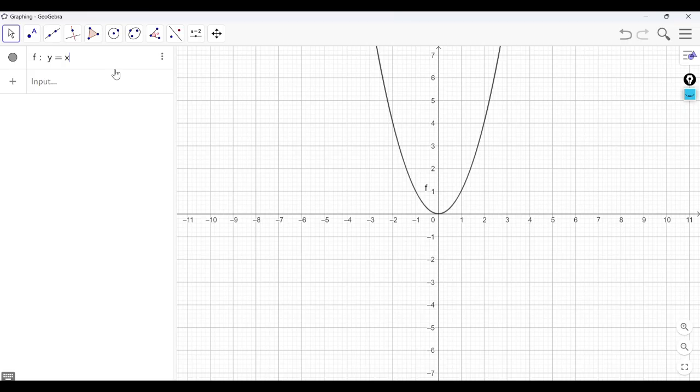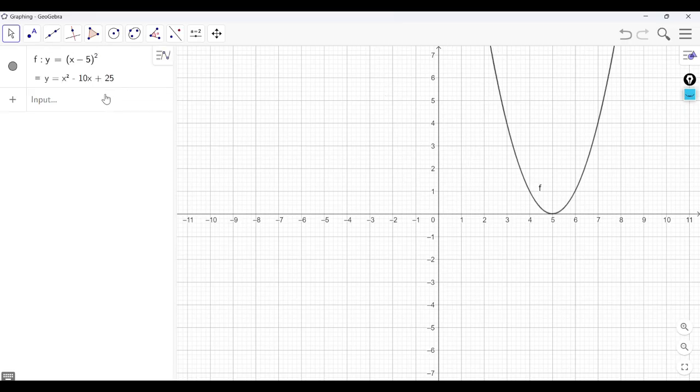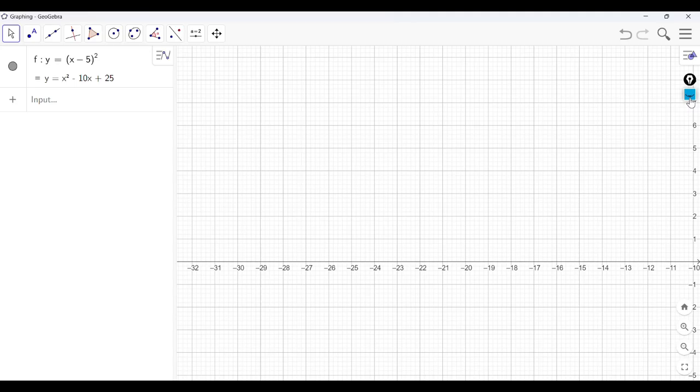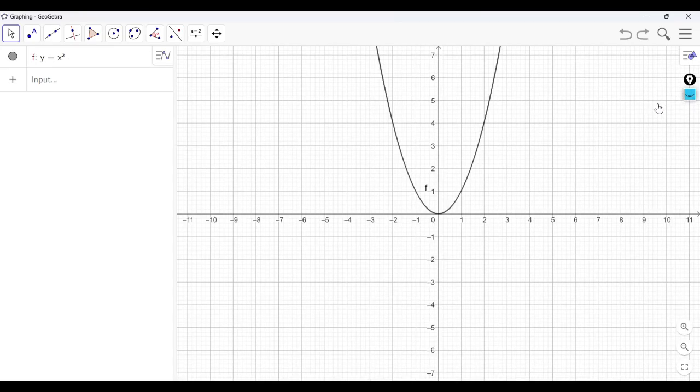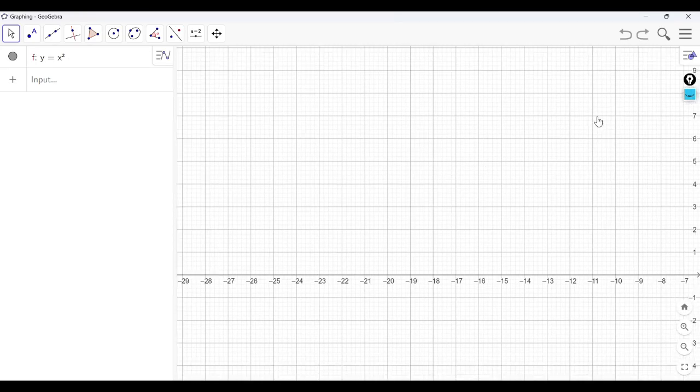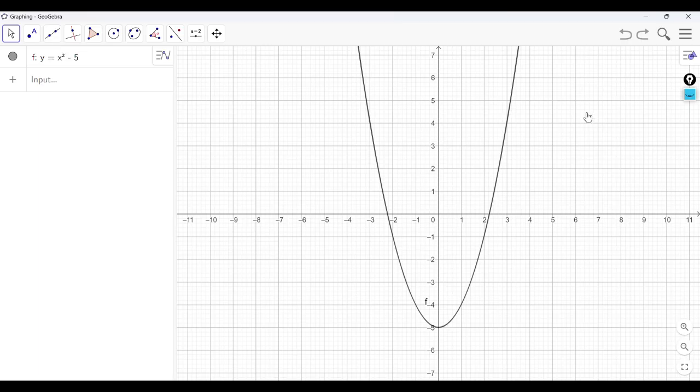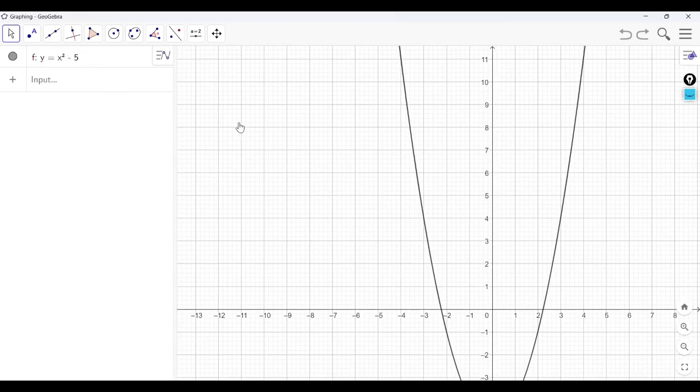And let's say we do something like x minus 5 squared instead of x squared. Now we're going to see that it moves 5 to the right. Maybe that seems backwards to you, but that's how it is. Oh, now I changed my zoom again.